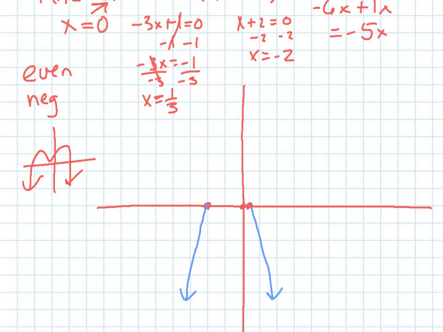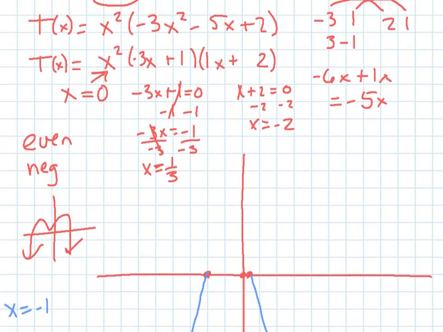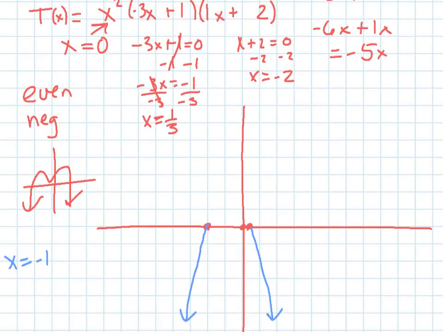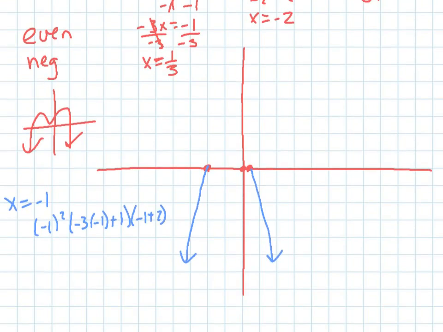So now let's plug in -1 just to see what happens for that value, see where it is. So I'm going to plug it into this first one. So -1 squared times -3 times -1 plus 1 plus 2. Okay, so then it gives me 3, that's 1, so 4, 1.